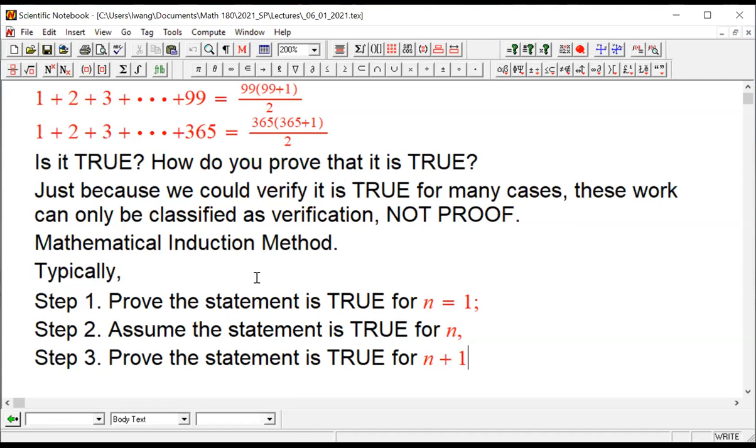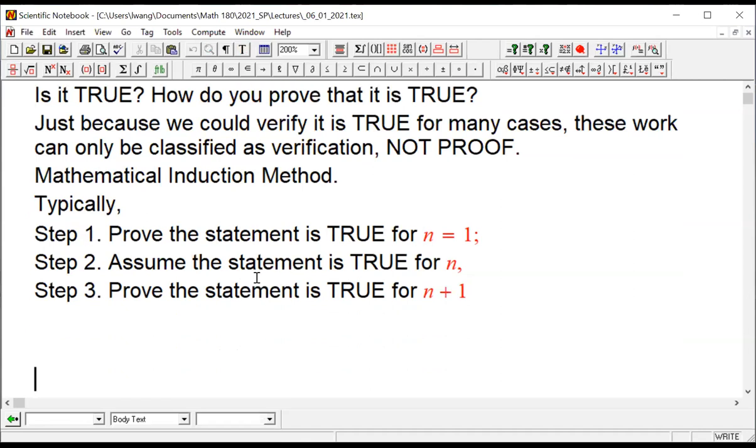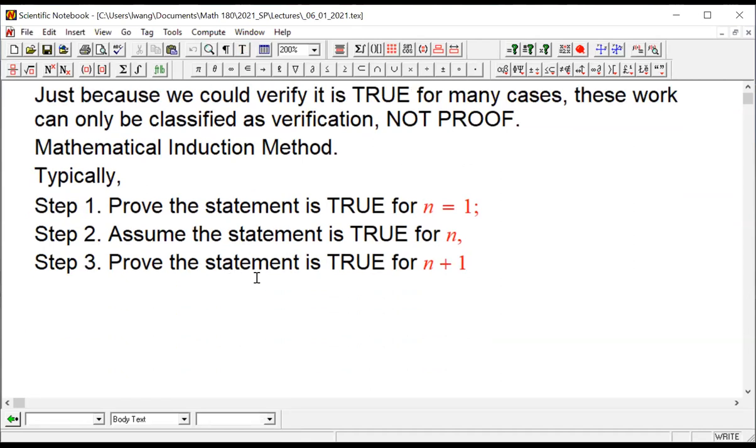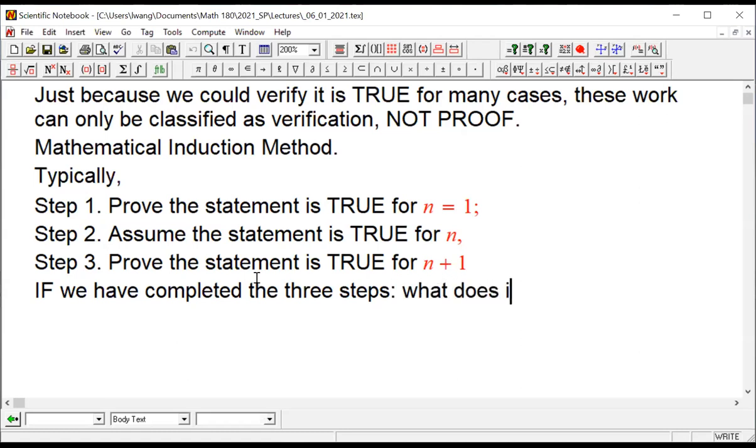So if we can prove all three, what will happen? If we completed the 3 steps, what does it allow us to do?